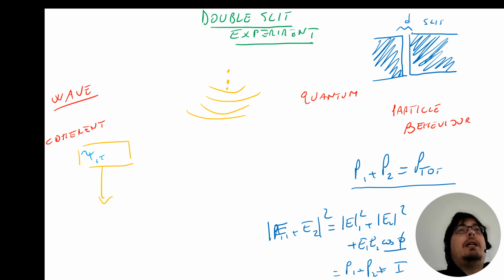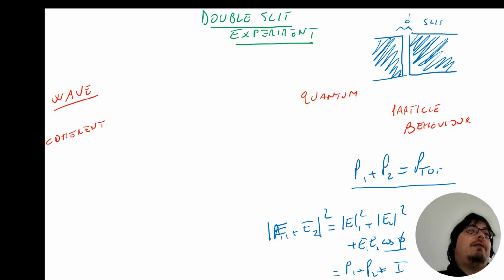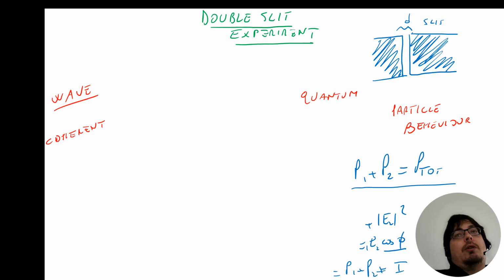And then we said that the quantum object does have some particle and wave behavior, but the wave behavior was a bit hidden in the first experiment. So we had to use two slits to show that there is interference between the single photon and itself, actually.